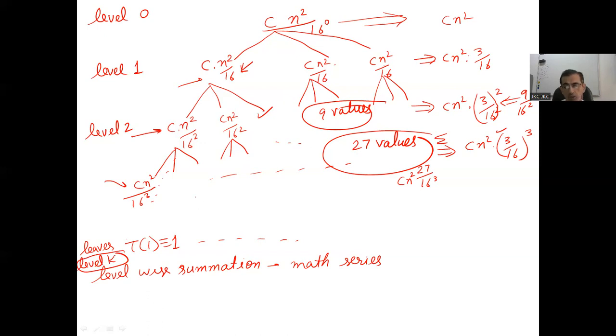So I should know what k is. So I say level 0 to level k minus 1, the values are Cn square divided by 16 raised to something, into something.